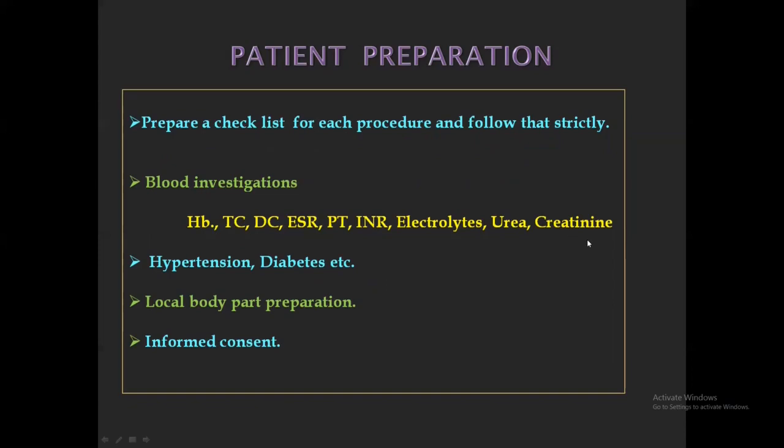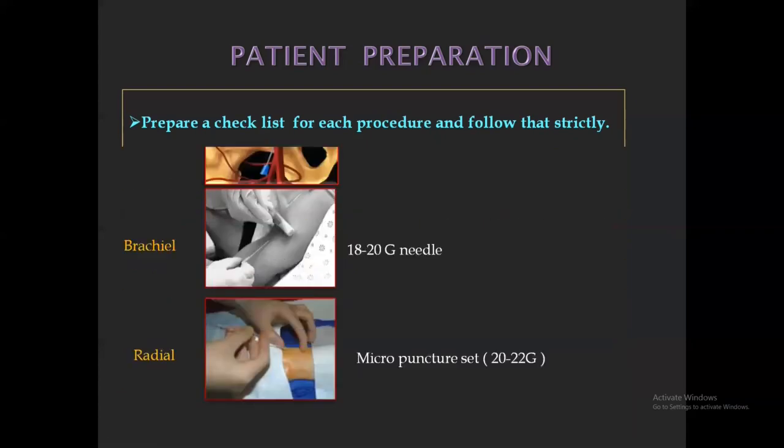Since we are giving contrast, you need these parameters. Other than this, you have to check virology, viral status and all. Then check whether the patient is hypertensive or diabetic. Then local body part preparation, that means shaving of the groins, and informed consent to be taken. Proper informed consent is a must.